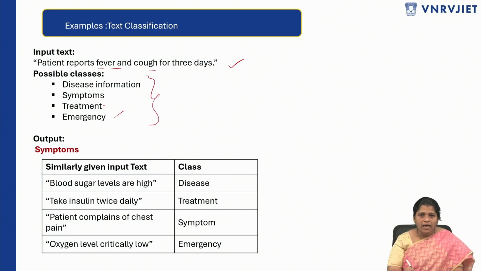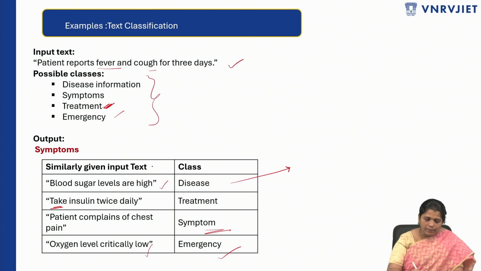Similarly, you also have different input text. Blood sugar levels are high, which may belong to the category of disease. Take insulin twice daily, which belongs to the category of treatment. Patient complains of chest pain, which belongs to the category of symptom. Oxygen level is critically low, which belongs to the category of emergency.